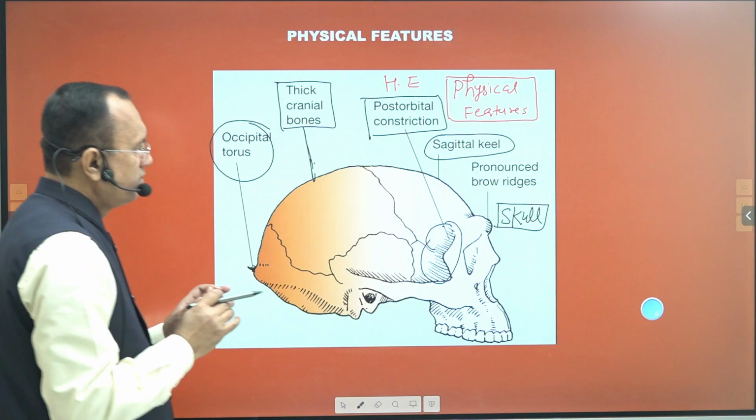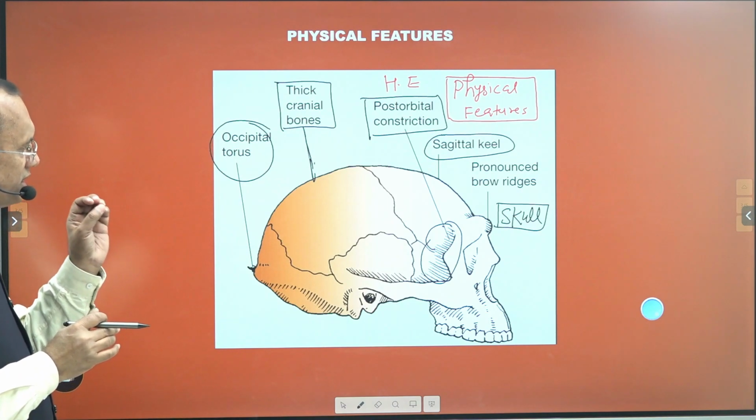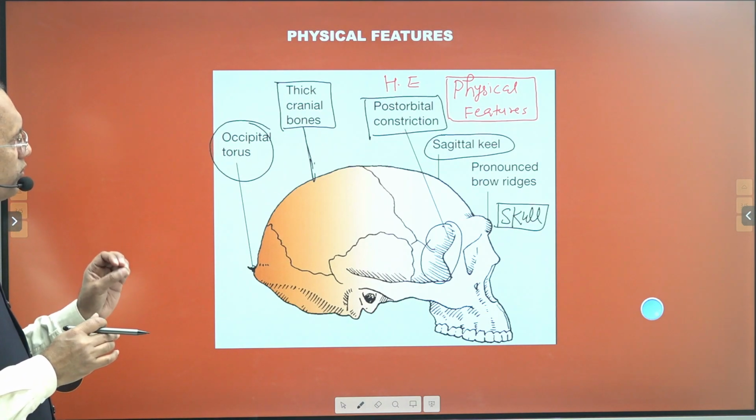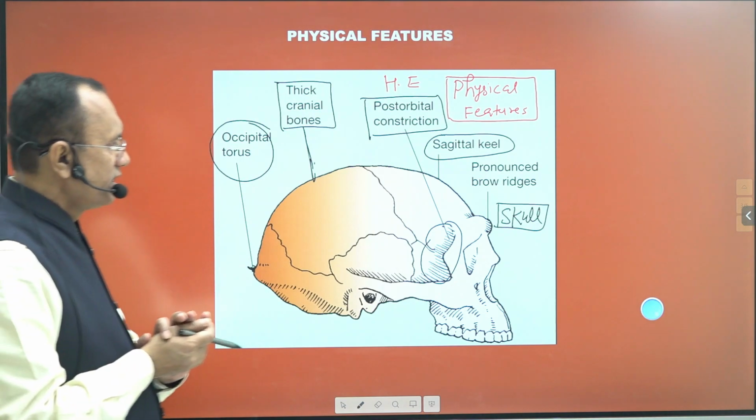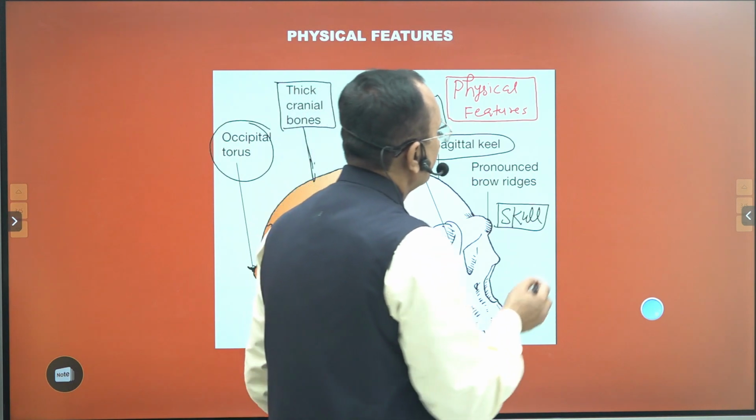So once you have to present this important diagram for writing the physical features of Homo erectus, you have to also write something on physical features.